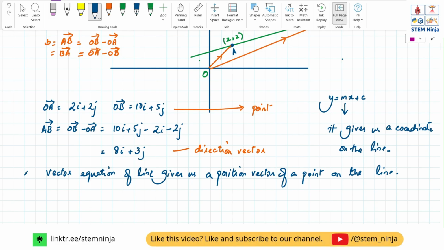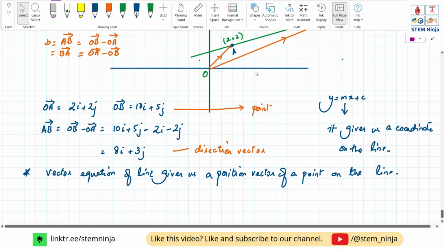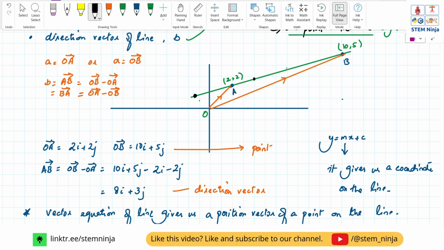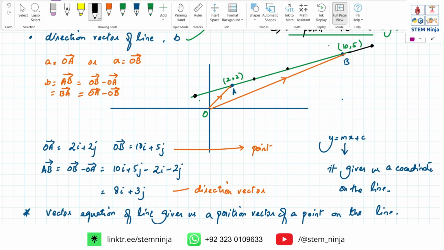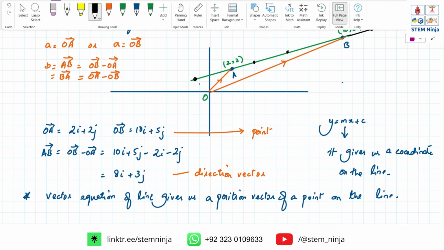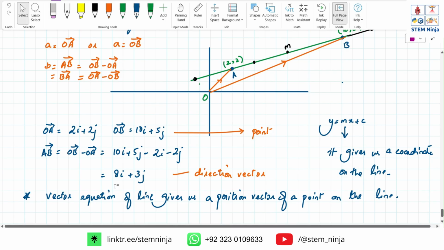Okay, so this is an important point. The point could be anywhere on the line. We have to search for that. So this could be over here, this could be over here, this could be halfway between A and B, this could be further away from B, this could be A and B themselves, but again, it could be anything. Since, for example, let's use a midpoint, halfway between AB.